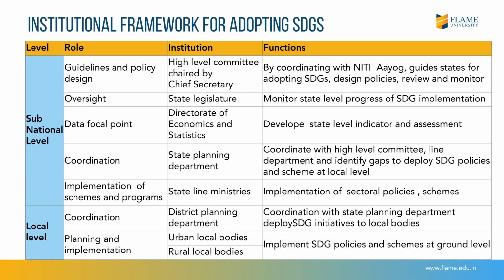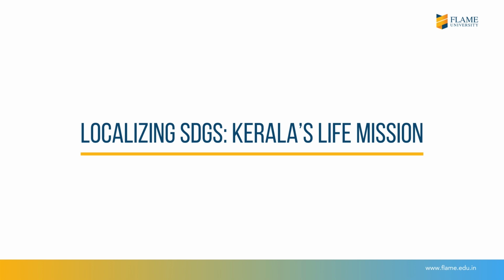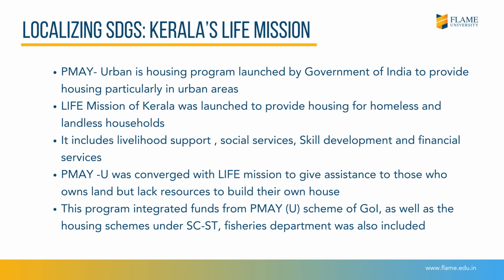We will now try to understand the coordinated efforts of the union government and state government and the role of states in achieving SDGs by converging national level policy with state level policies, through a specific example, that is Kerala's Life Mission, a state level scheme that integrated Pradhan Mantri Awas Yojana.